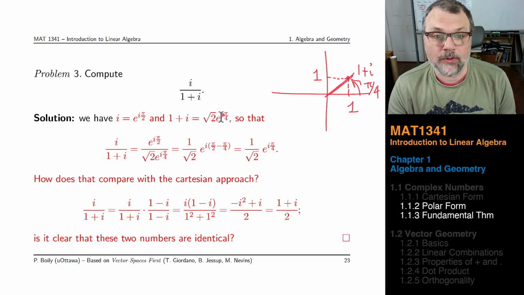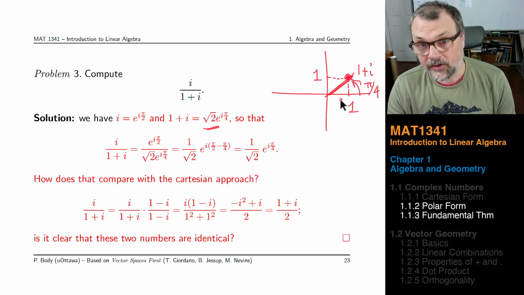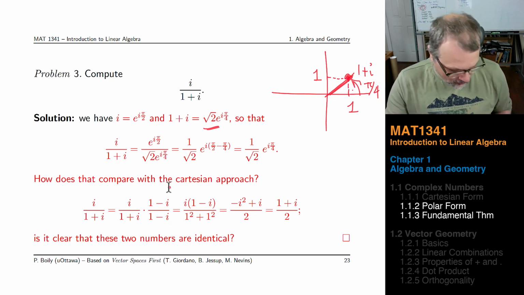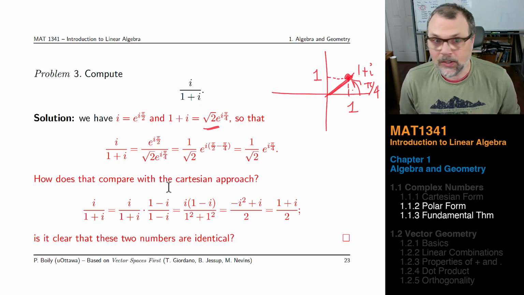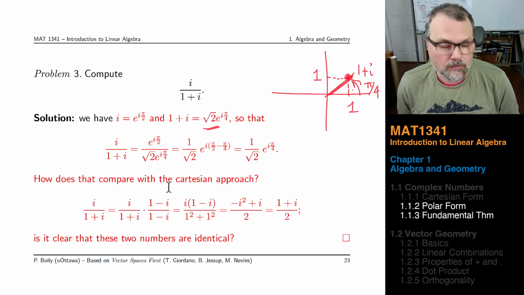So the angle is going to be pi over 4, and the radius will be the length of this thing here. We use the theorem. This is 1, this is 1, so this has got to be the square root of 1 squared plus 1 squared. That's the square root of 2. So i is equal to e to the i pi over 2. 1 plus i is equal to square root of 2, e to the i pi over 4. That's how we write numbers in polar form.